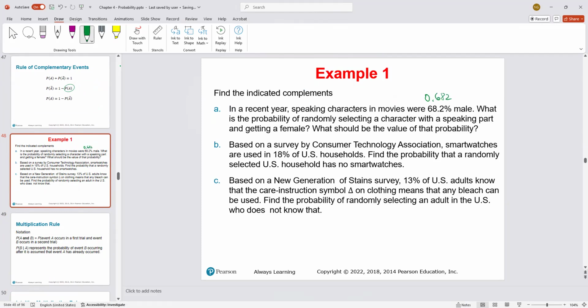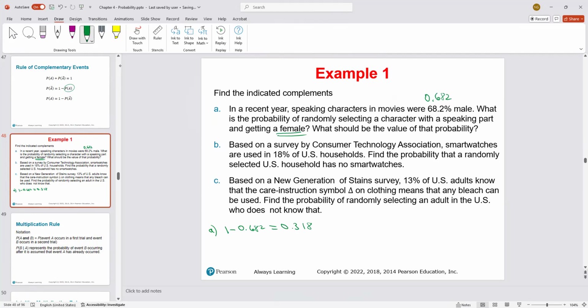What is the probability of randomly selecting a character with a speaking part and getting a female? Assume we have only two categories, male and female. So all you need to do to find part A is subtract the probability from 100%. So you're going to find 0.318.